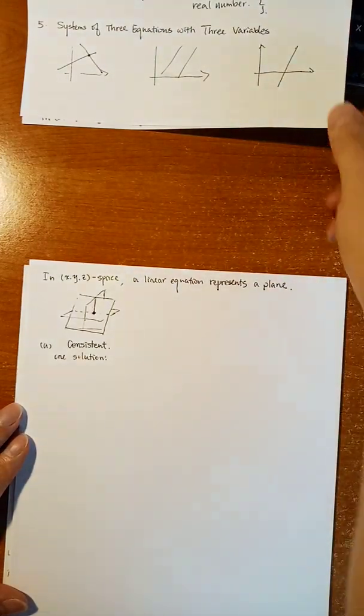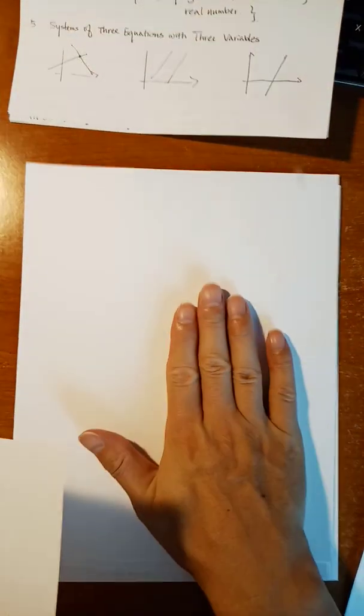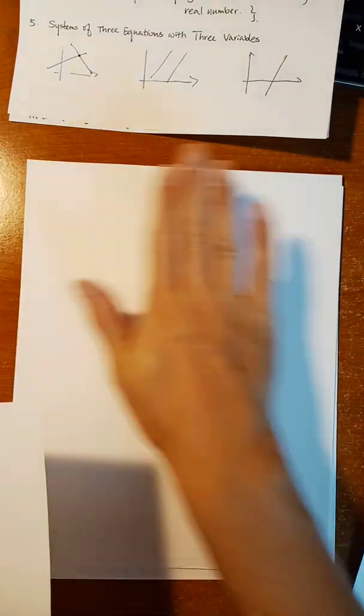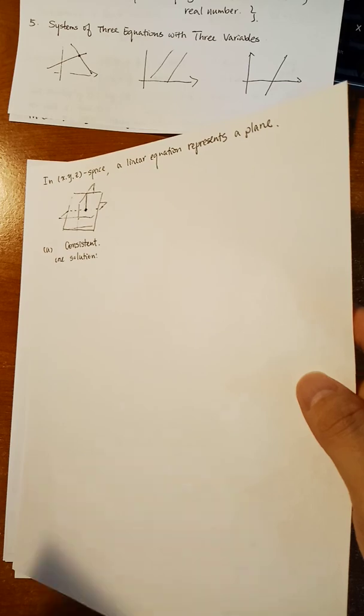I'm going to use pages to represent it. Assume I have three pieces of white paper. One page is placed horizontally, this is one plane. The other plane is rotated this way, and the third plane is rotated even further.